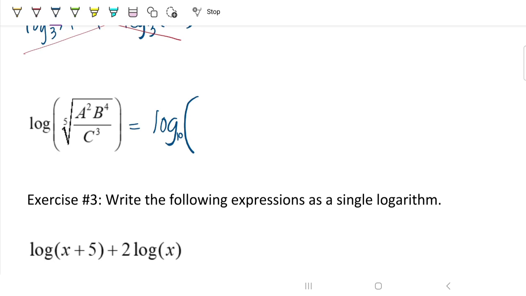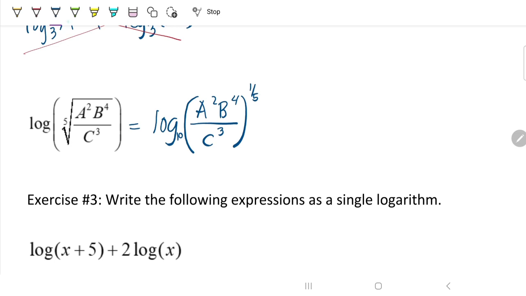So what we can do, since this is fifth root, then we can transform it into fraction exponent. So this is a squared b raised to 4 divided by c cubed raised to 1 over 5. Since fifth root siya, no?